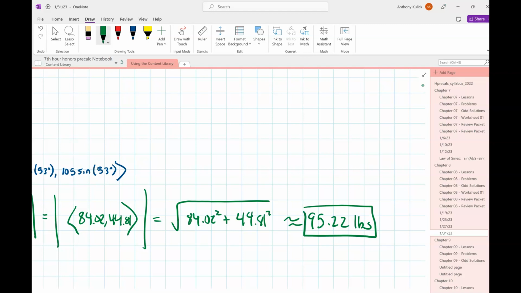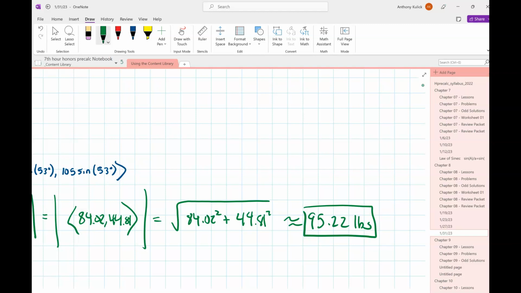What was the question for the force? It wanted to know the force that was being directed up the ramp. So if you're pulling at a 53-degree angle at 105 pounds of force, only 95 pounds of that is actually going in the direction of the ramp. Which probably makes sense, right?